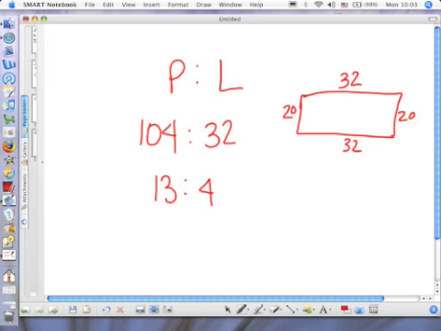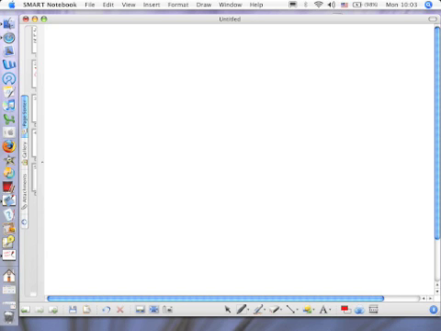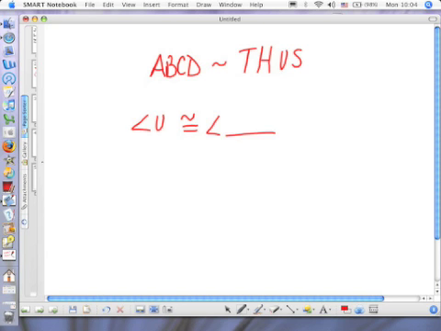All right, number 2 said this, and there is no picture. It says if quadrilateral ABCD is similar to quadrilateral THUS, then angle U is congruent to what angle?